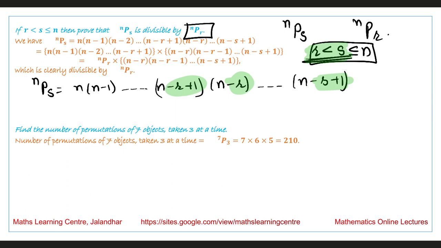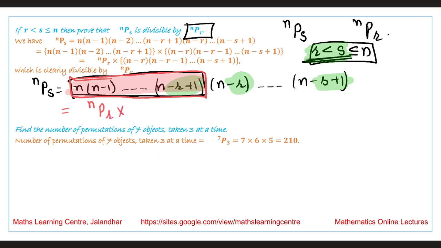Now look at this portion over here. This is the value of this much portion we are talking about. It is nPr into the terms left over here, n minus r, n minus r minus 1, so on up to n minus s plus 1.